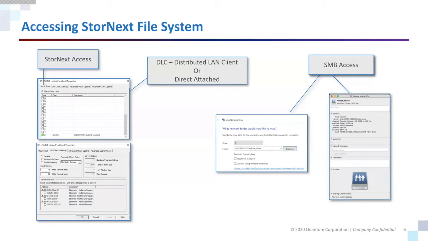So StorNext on the left, direct attached, we would use DLC connectivity when you just select enable LAN client, or under normal conditions, you would have a connection through Fibre Channel or over IP. And then, on SMB, I showed a couple of examples of what SMB mounted options look like for Mac, and then Adobe Share on the Windows side.